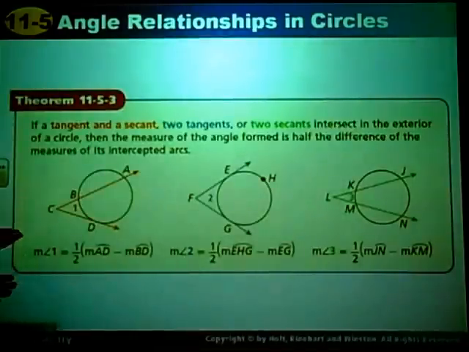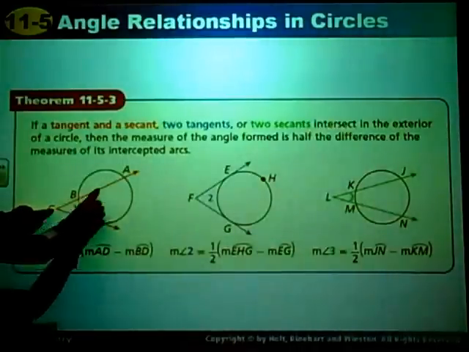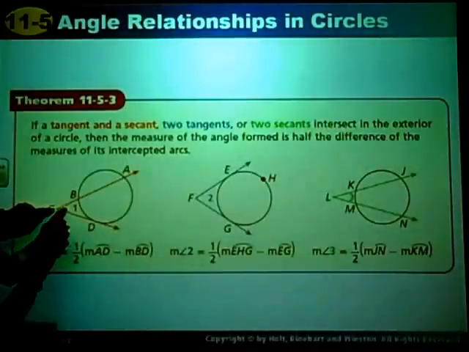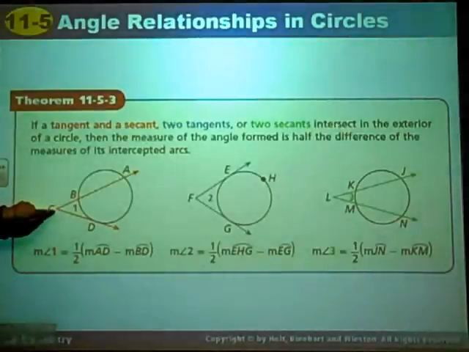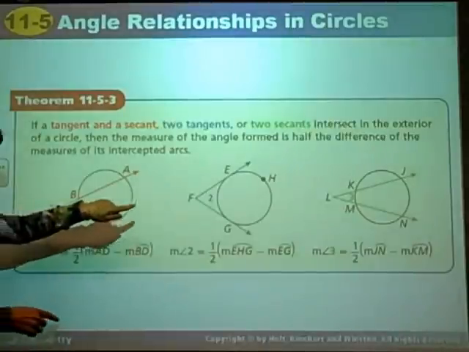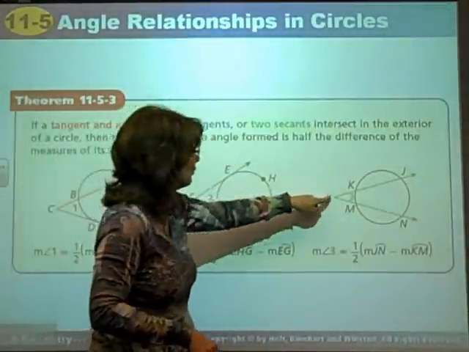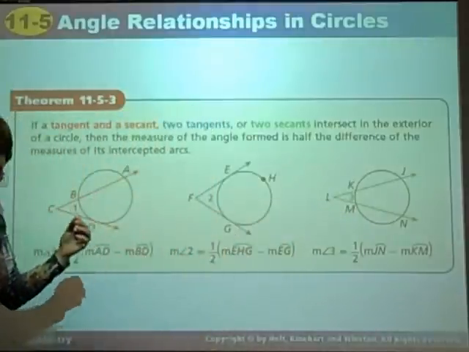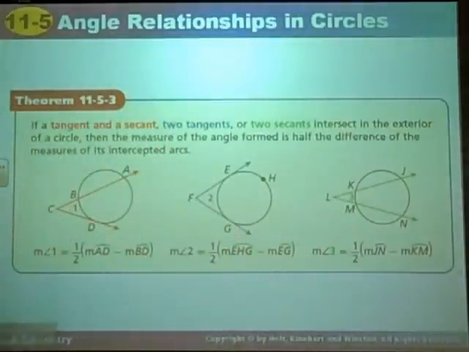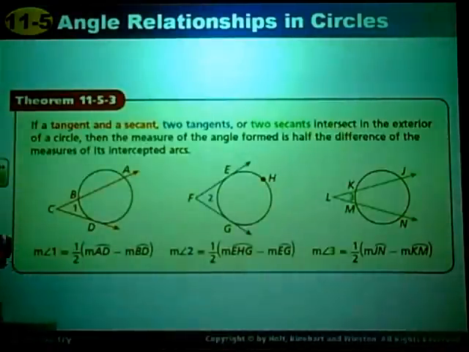Now what if the angle is outside the circle? Notice we could have three possible situations. Maybe I've got a secant and a tangent, but this vertex is outside my circle. I might have two tangent lines, vertex is outside the circle. I might have two secant lines, vertex is outside the circle. In every case, inside the circle, you added the two arcs and divided by 2.